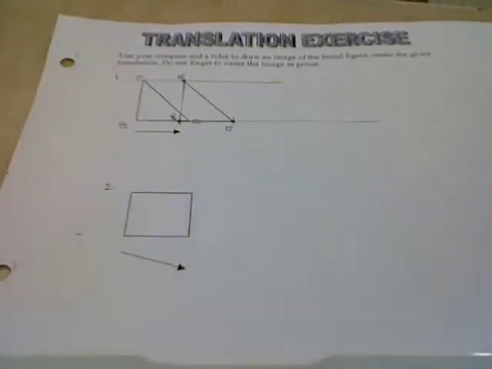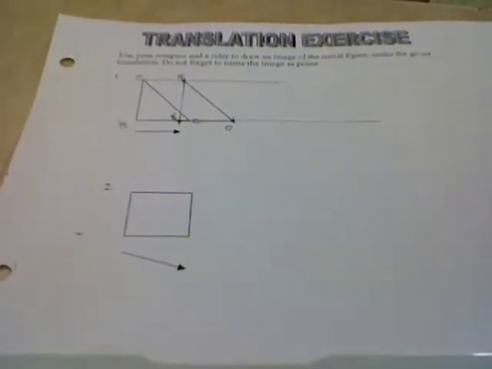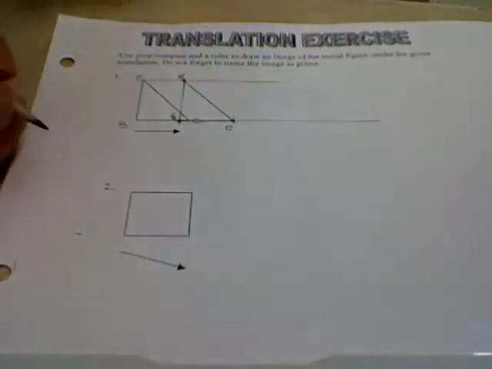There is another way of doing translation without using the triangle and the ruler together, and we're going to talk about that. So if we do the second one, again we have to label each point.